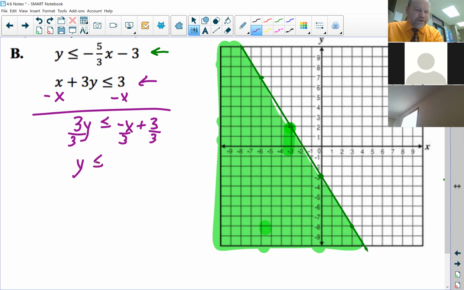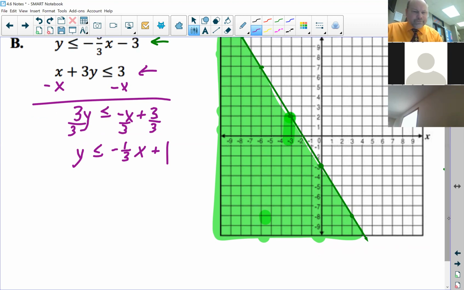Now this negative x over 3 is the same as negative 1/3 x. So negative 1/3, down 1 over 3, down 1 over 3, down 1 over 3.